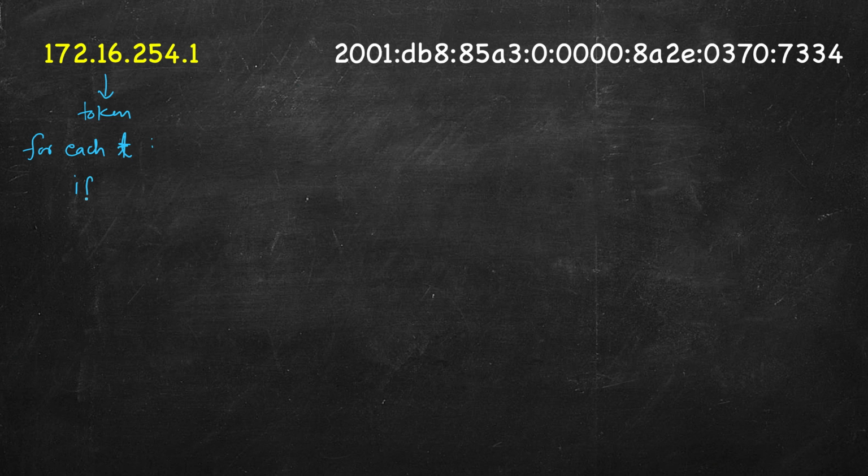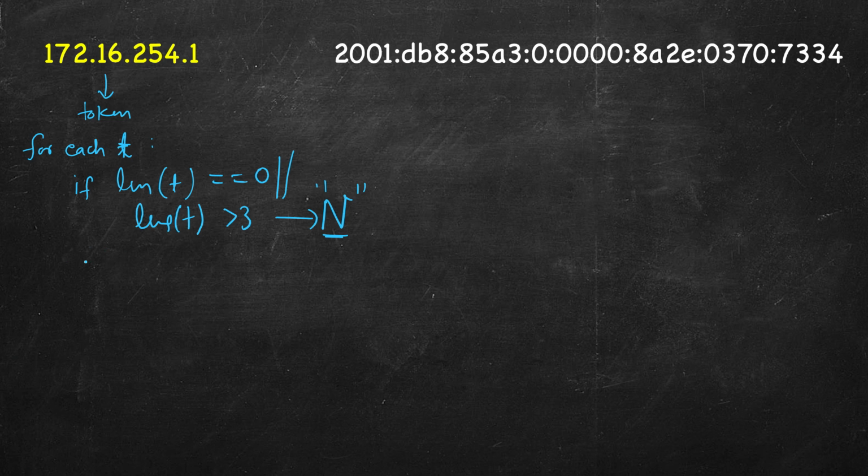So if length of T is equal to 0 or length of T is more than 3, then we return neither. Let's write N here for neither. In actual code we will write neither.